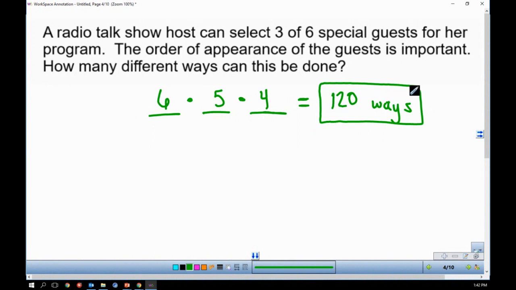Now, let's use permutations. So we're going to solve this a different way now. So using permutations.